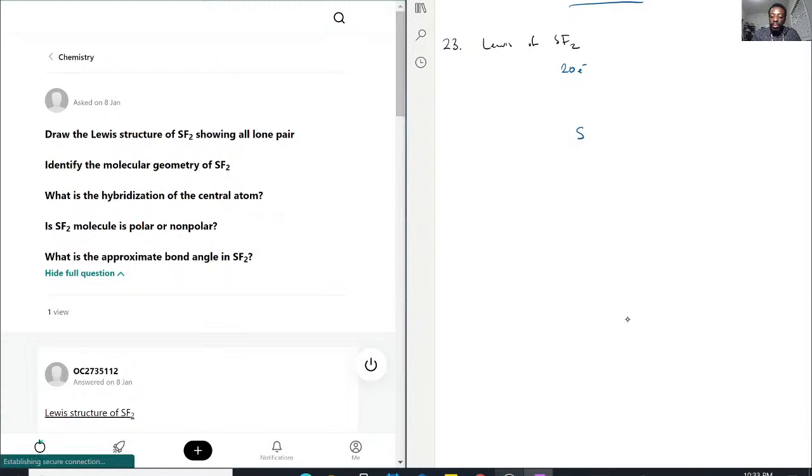We have the sulfur, the 2 bonds, and we have the fluorine here, and the fluorine there. So filling out the rest of the valence electrons, it'll be 2, 3, 4, 5, 6, 7, 2, 3, 4, 5, 6, 7, and sulfur is sharing 2 of its 6. So 3, 4, 5, 6. So we're almost pretty much close to done.